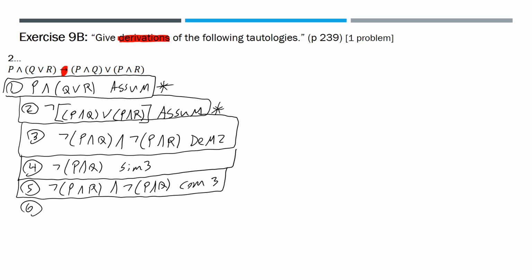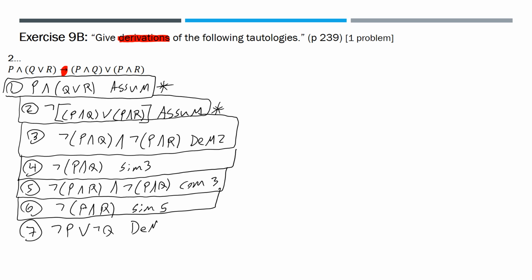And then we can simplify to get not P and R by the simplification of 5. We can apply De Morgan's rule on line 4. So for 7, we can get not P or not Q, De Morgan 4.